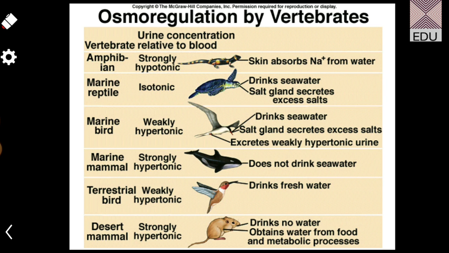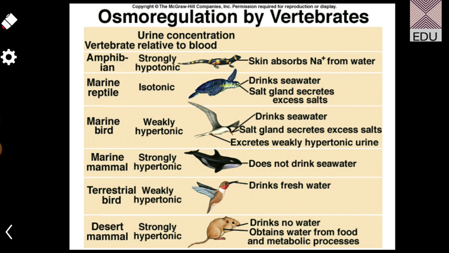What is the urine concentration? It is hypotonic. So the skin absorbs sodium ions from the water. If you take marine reptiles, they are isotonic, giving out urine in isotonic form. It drinks seawater, and it has a salt gland which excretes the excess of the salts.